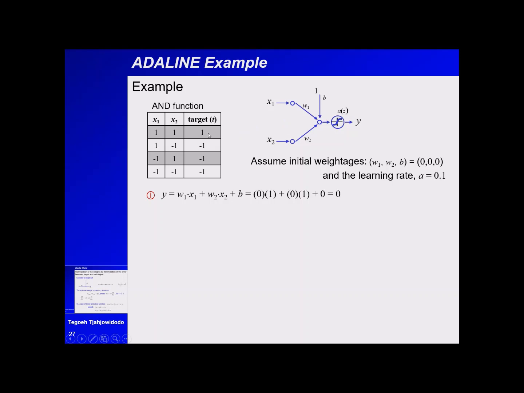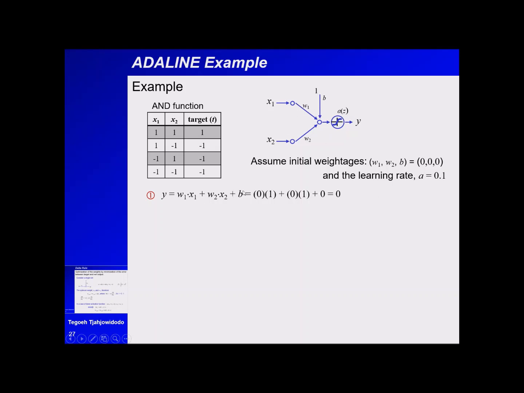These are the targets. So if I have input 1 and the second input 1, the target output should be 1. If x1 is 1 and x2 is -1, the target output should be -1, and so on and so forth. So this table represents the AND logic function. But now let's try to calculate the output of this network by assuming the weightage that I just grabbed from the air, 0, 0, 0.